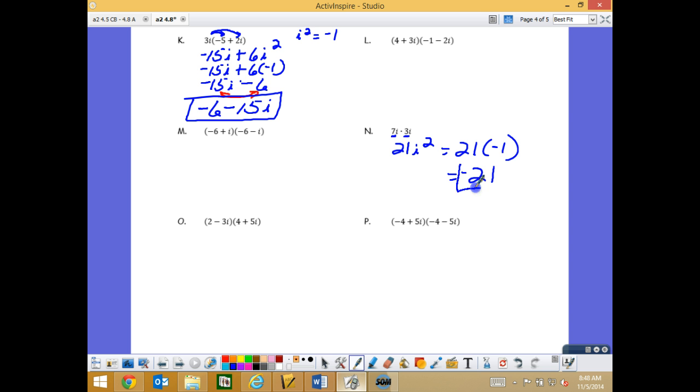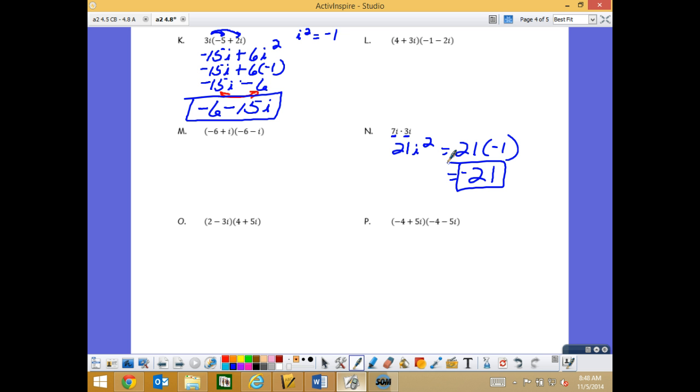So the product is negative 21. Now, that's still a complex number. In a plus bi form, that would be negative 21 plus 0i. And the real part is negative 21. The imaginary part is 0. So the real numbers are actually a subset of the complex numbers.